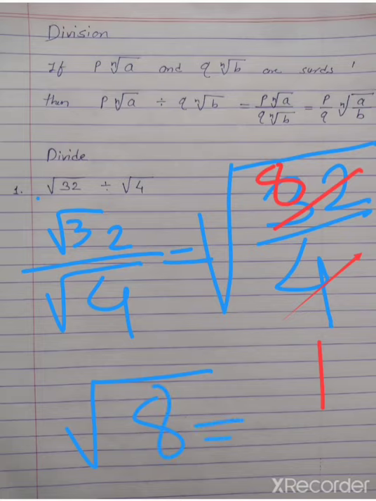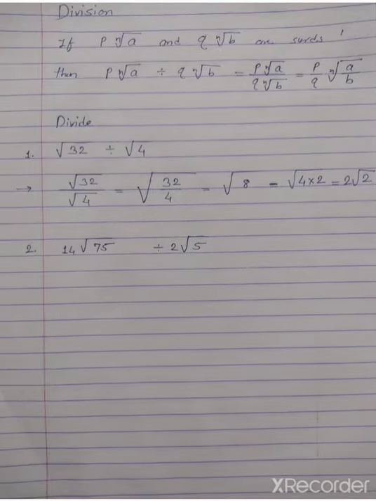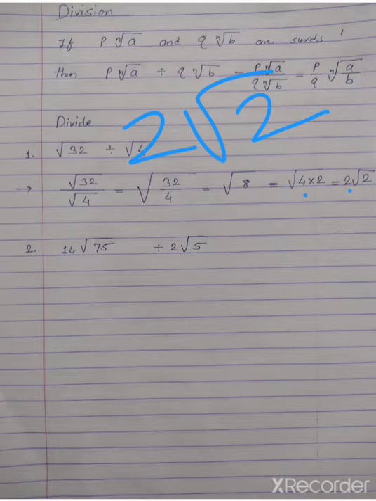Again we can factorize this root 8 because it is in the form of 4 into 2. So I write all these steps. When this 4 comes out of the radical symbol, it will become 2. So 2 root 2 is the division answer for this given question. Let us study the next one.